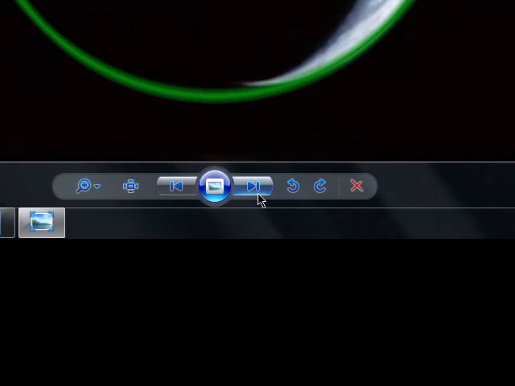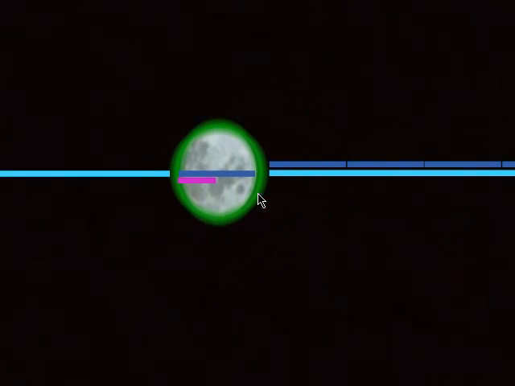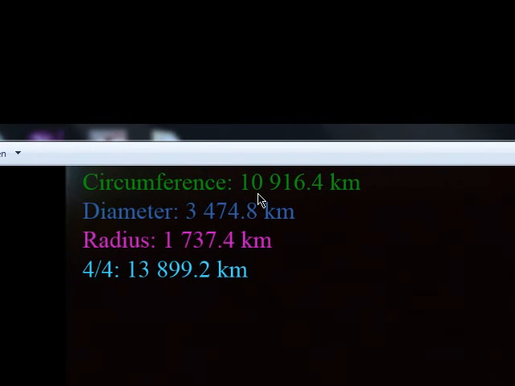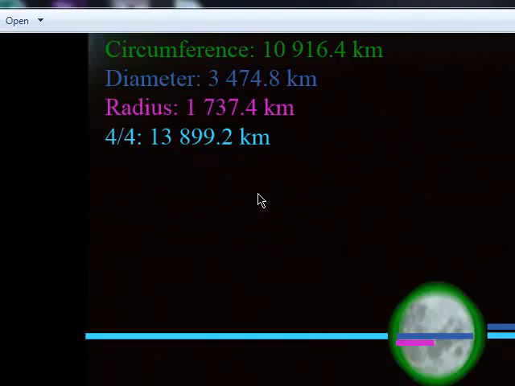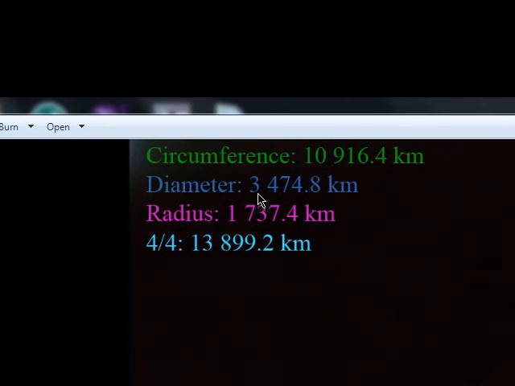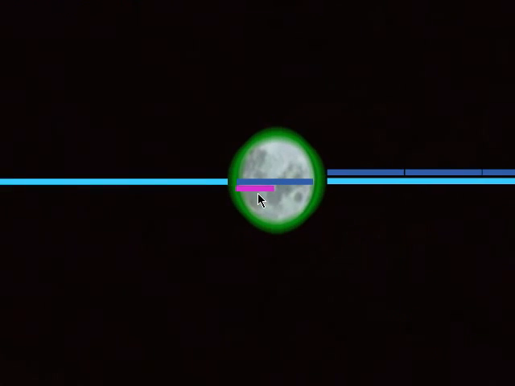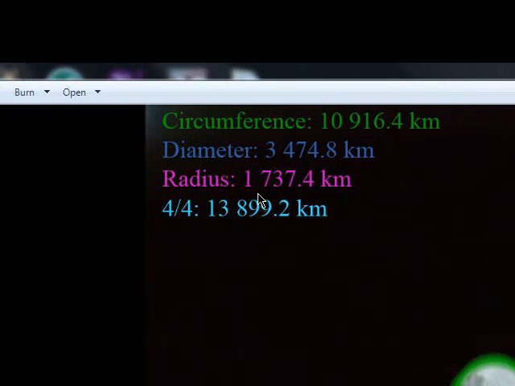And now I did the same thing with the Moon in this photograph. We have the green circle, which represents a circumference of 10,900, and the dark blue line represents a diameter of 3,474, and the pink line represents the 1,737 radius.